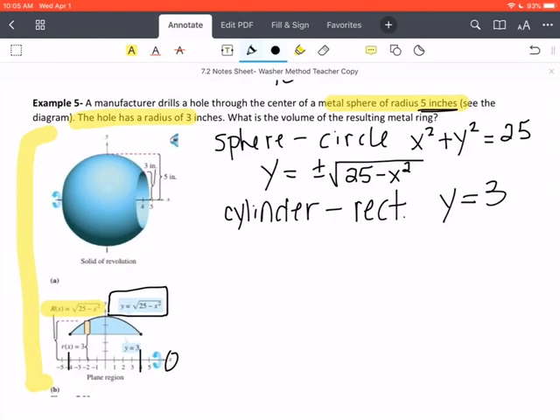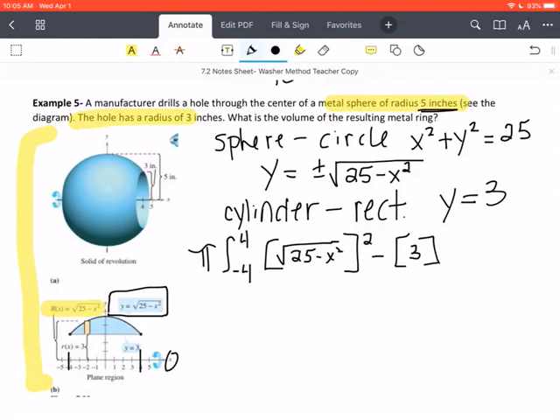So if we're going to find the volume of the solid with the hole, we are going from -4 to 4, and we need to take the large radius, which, look at the top of your representative rectangle, is going to be the square root of 25 minus x squared, and we are going to square that, and then subtract the area of the smaller circle, which is defined by y equals 3, and we're still going horizontally, so we have dx.